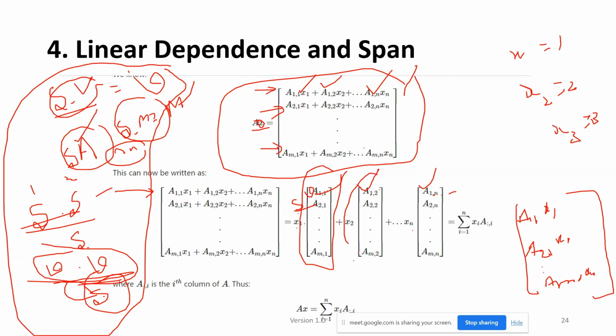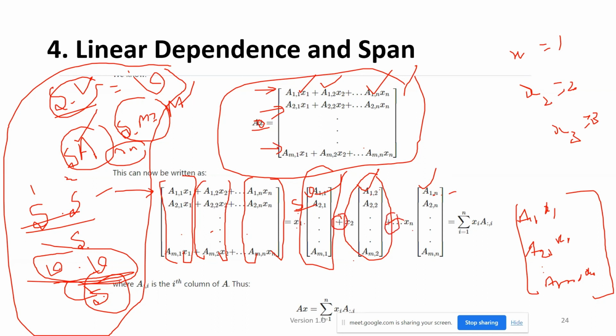Similarly, the second scalar vector multiplication creates this vector, and so on. The Nth scalar and vector multiplication generates a vector. So here we are doing an addition operation, right?